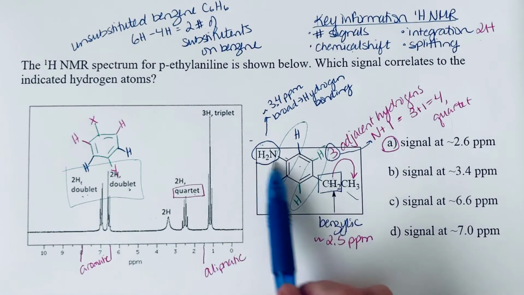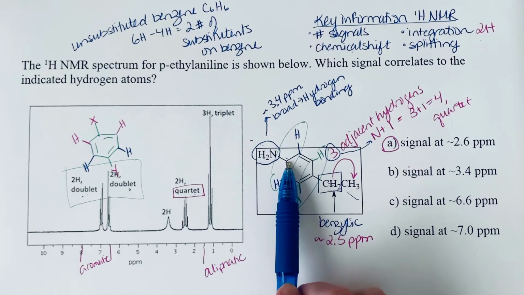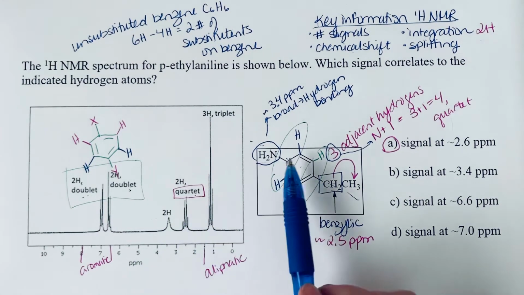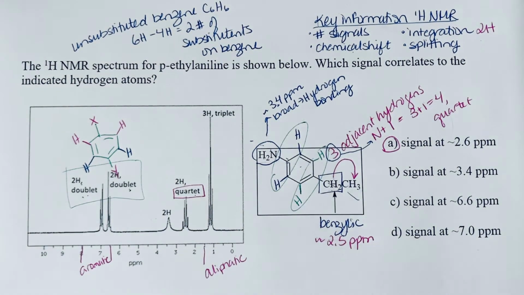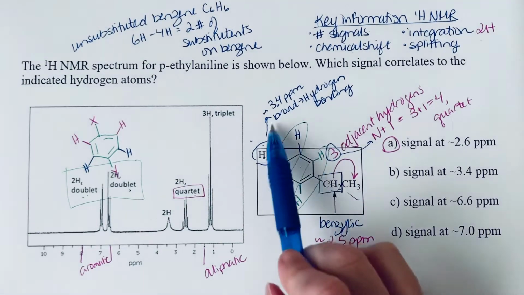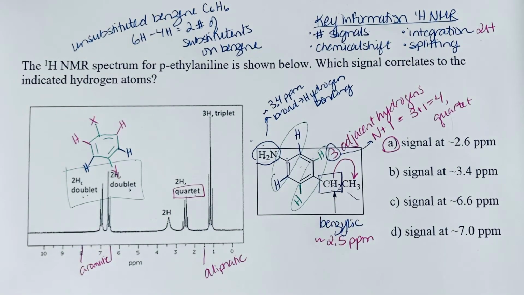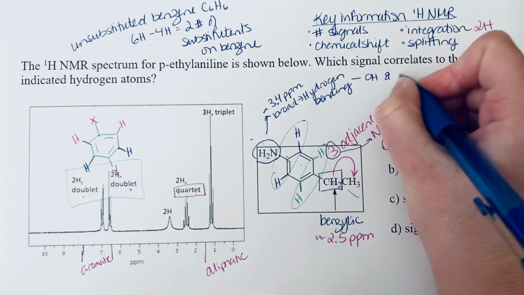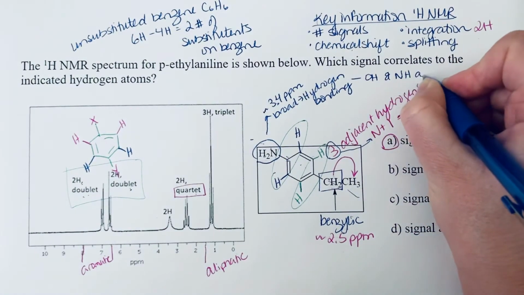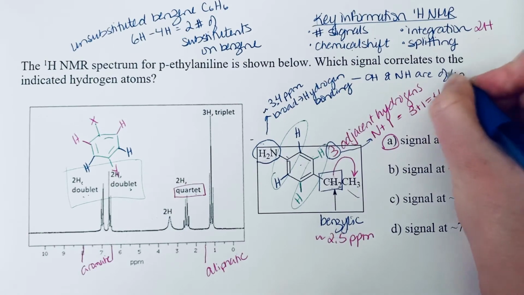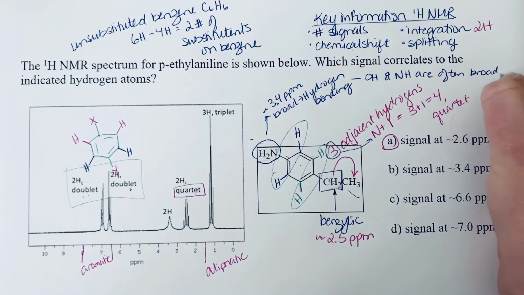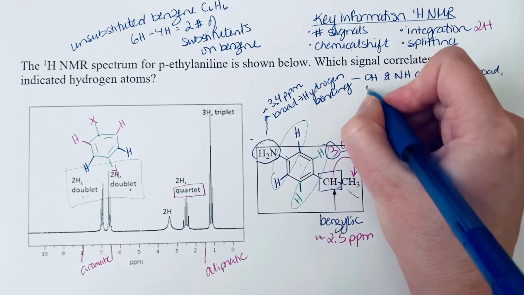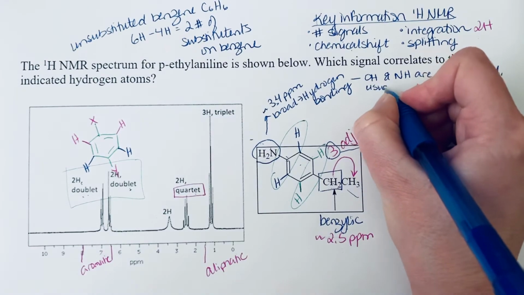Well, that's typical in this case, since we don't have a hydrogen on the adjacent carbon. But even if we did, we probably wouldn't see the splitting. Signals that undergo hydrogen bonding, so these are going to be OH and NH signals, are often broad, and so they usually don't split or cause splitting.